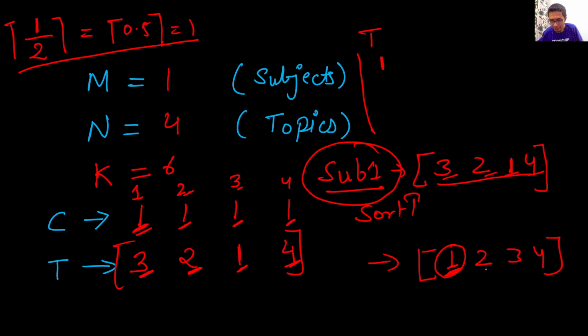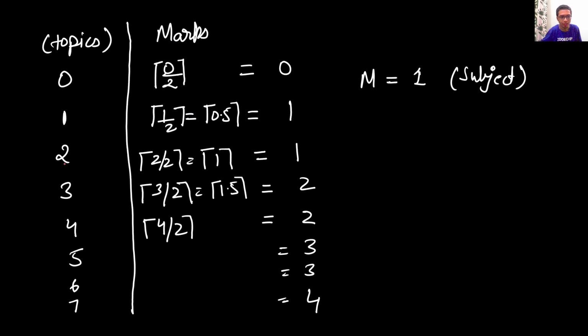Now, if I take the second topic from here, which takes 2 hours, then my score would still be the same, right? Because if we have 2 topics from the same subject, then we can see that over here, in even cases, the number of marks remains the same, right? So even if I have 2 topics, my marks would remain the same, as I have in only 1 topic, right?